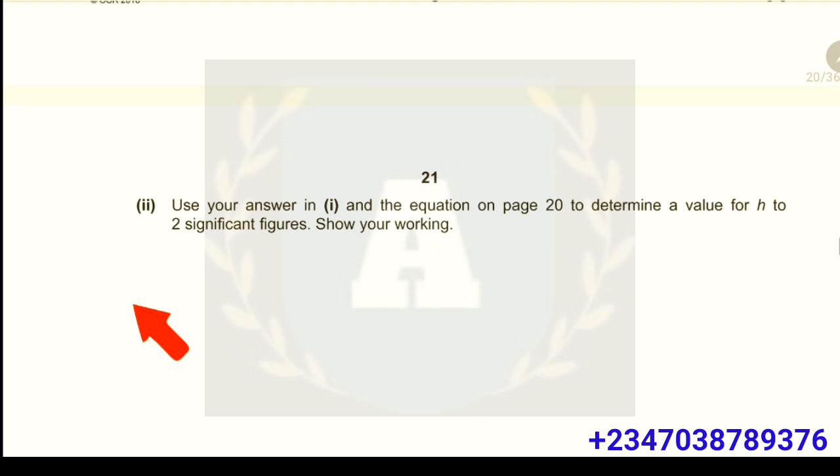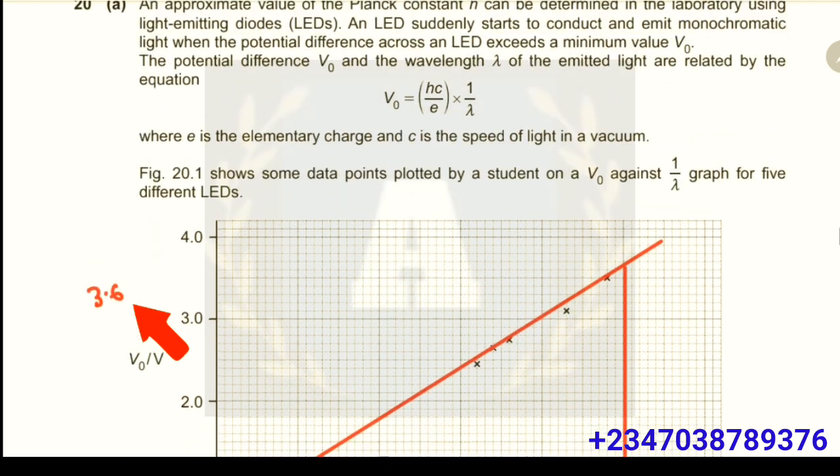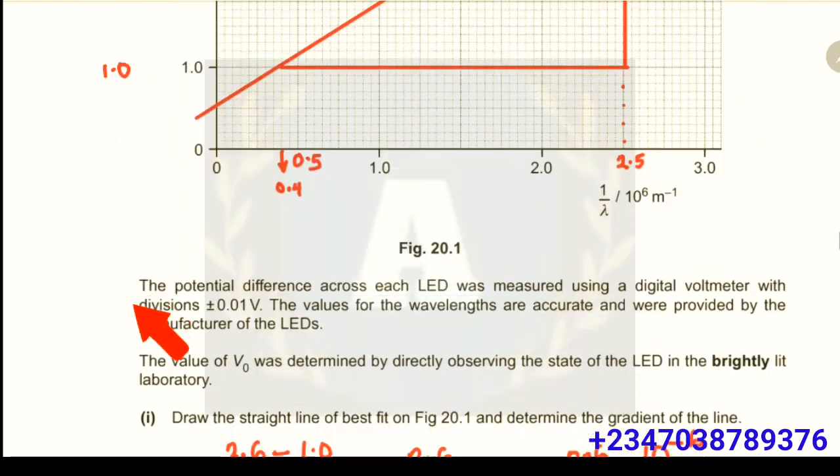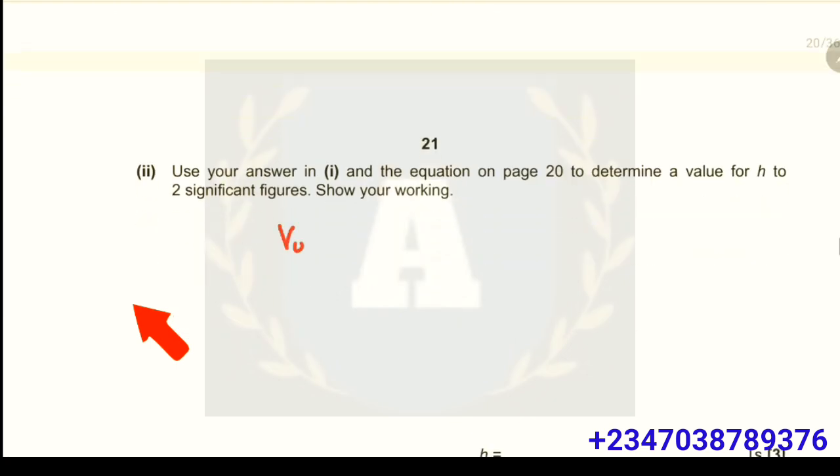So the equation on page 20 is V naught equal to hc over e multiplied by 1 all over lambda. So V naught, we want to use that to determine h.